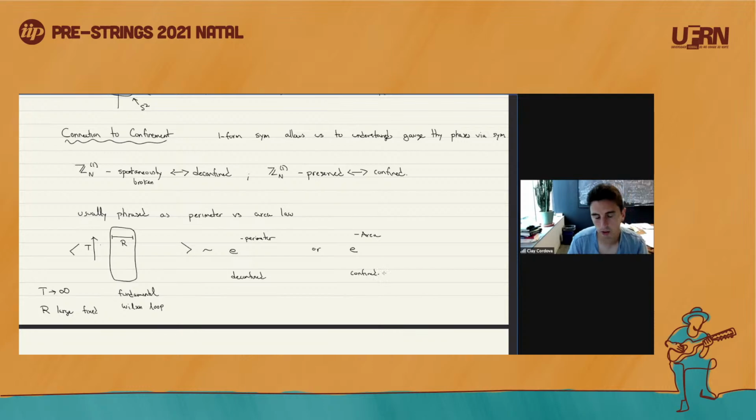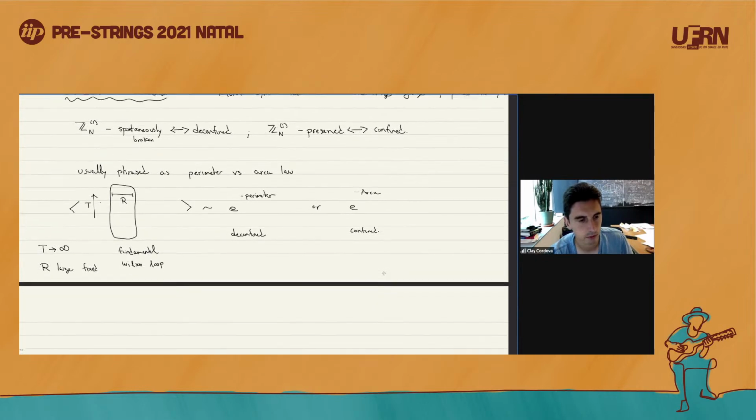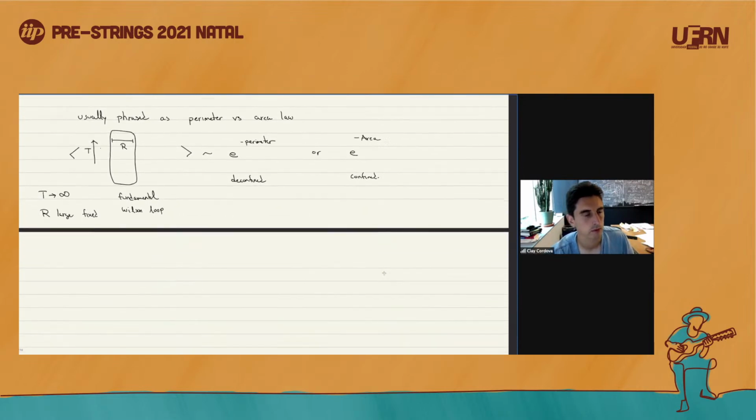And of course, the motivation for this is that this fundamental Wilson loop can be interpreted as the potential between probe quarks, quark and anti-quark. So you're getting a sense of the energy cost of trying to separate quarks a long way.